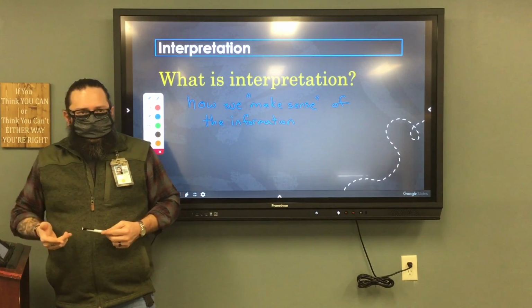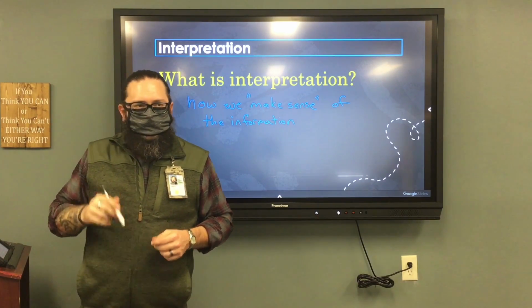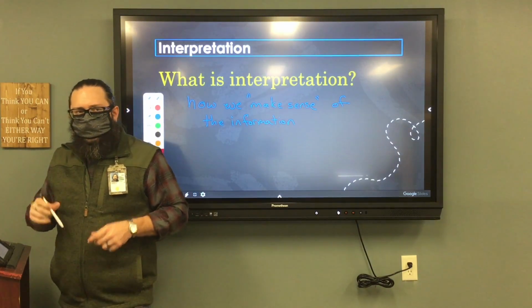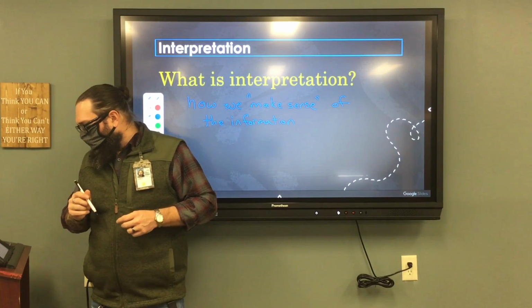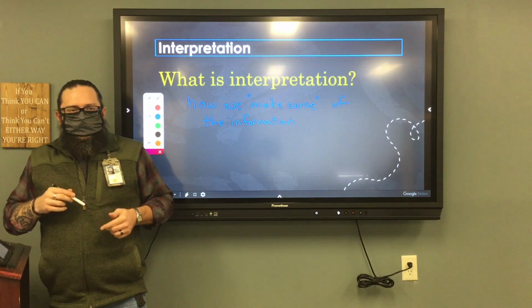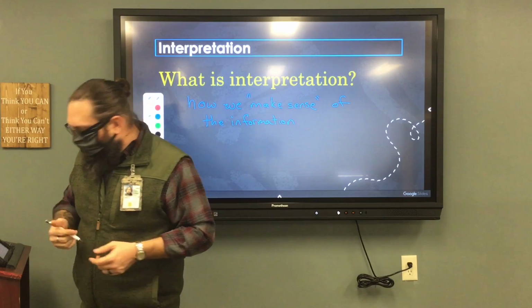When it comes to interpretation, like inferences, we need to have support from the text. So in order to interpret something, in order to make sense of it, we have to have details that support it. What that requires you to do is to gather evidence based on the details within the text.